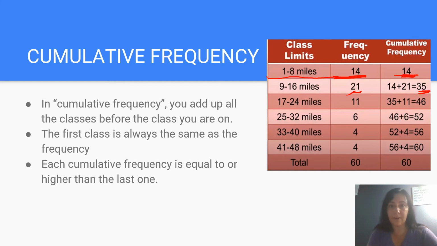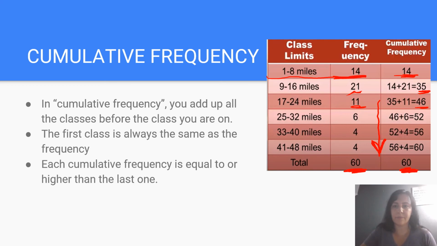You take your 35, add it to the 11, and you get 46. You do the same thing all the way down your frequency table until you get to the total, the sum of all of your frequencies, which in the end will add up to the total frequency that you already had. But this is just another way of looking at it.